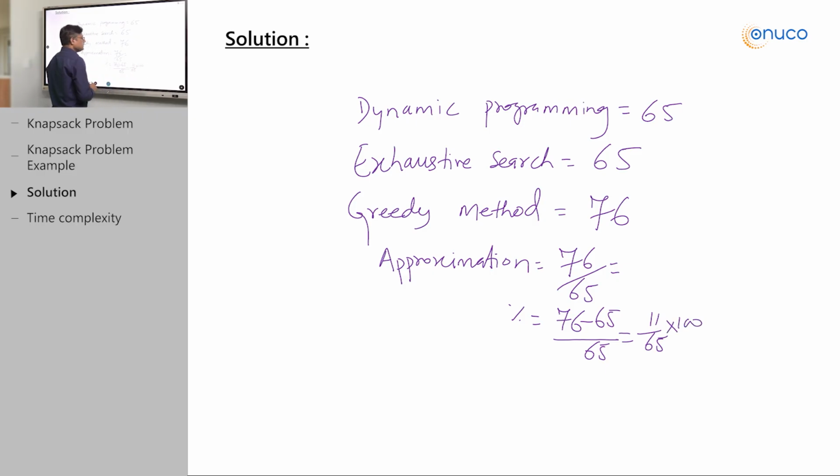So this is going to be your answer: nearly 15% error in these approximation algorithms. This is the way, or you can directly write the fractional weight answer, 76 divided by 65 minus 1, into 100.